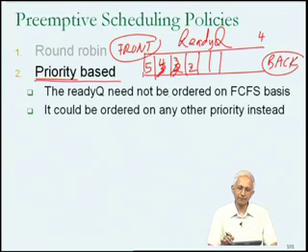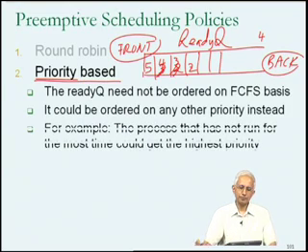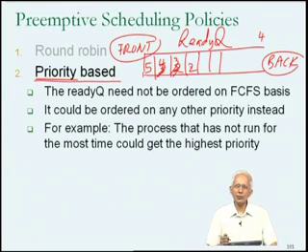So in this way, we are giving slightly better treatment to the process which has priority 4 because of its priority rating. Right? So what could the priority be decided based on? Many examples one could think of, but one possible idea is the one which I've written over here. The process that has not run for the most time could get the highest priority.